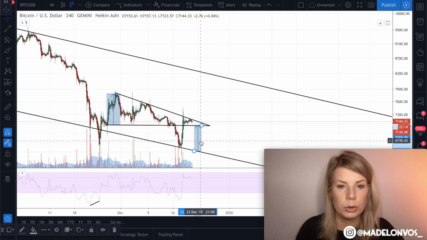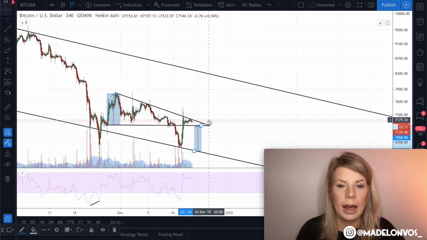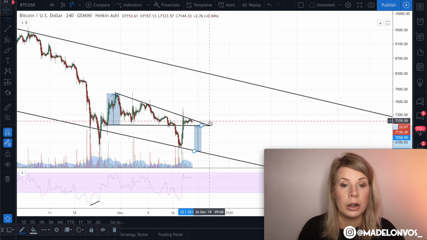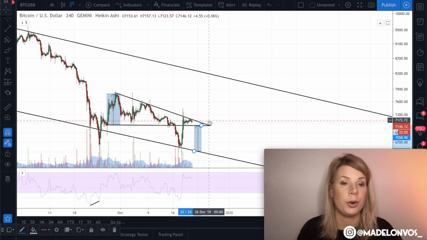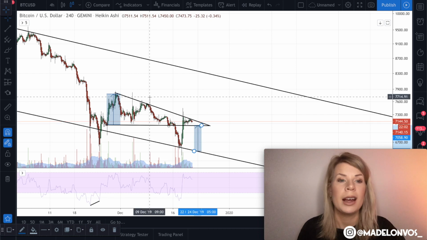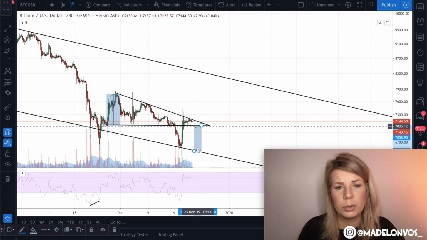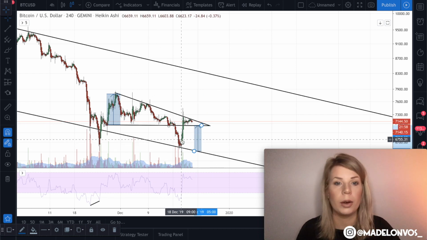So that's going to be the new target. And the price is going to break out before the end of this year, like the 26th of December. Before that, we're going to see a movement. It's probably not going to be as big as this one, but still there is going to be a movement.